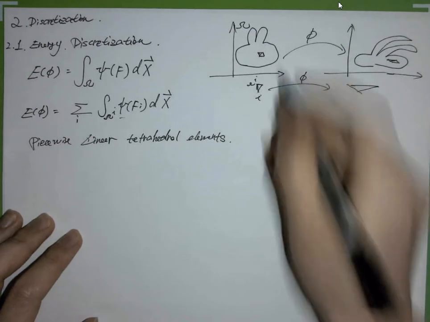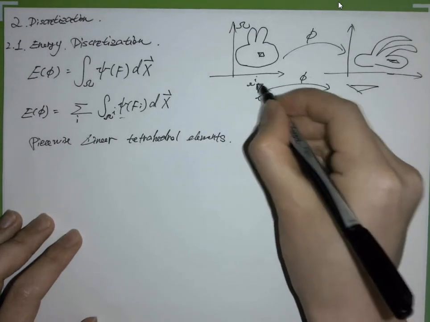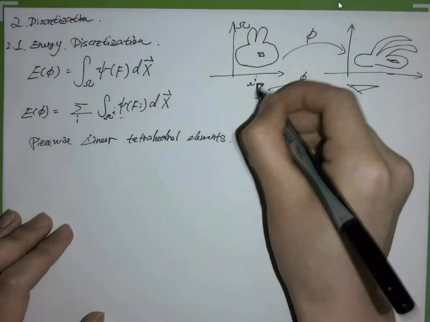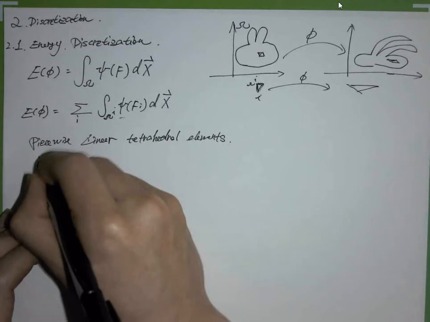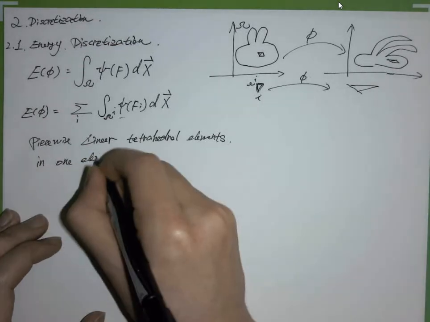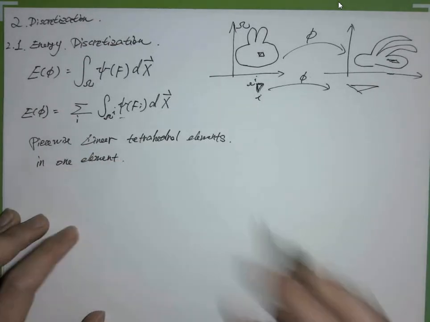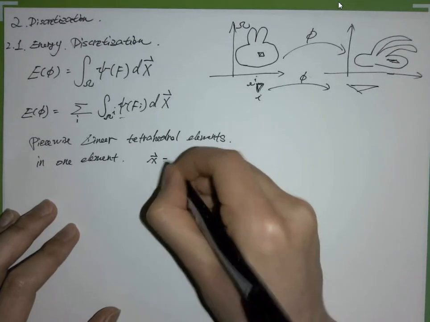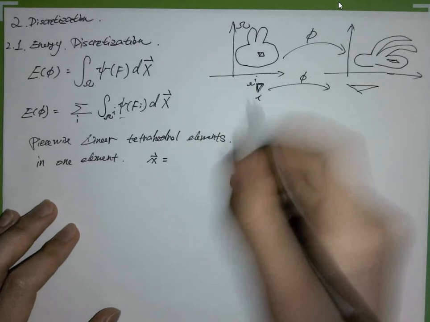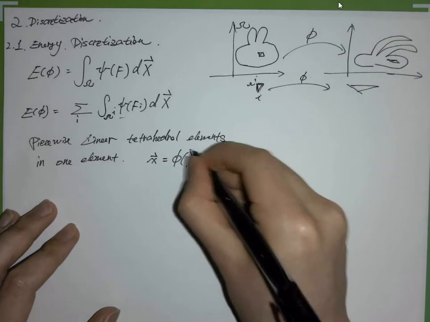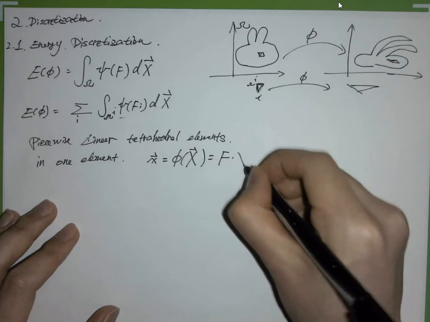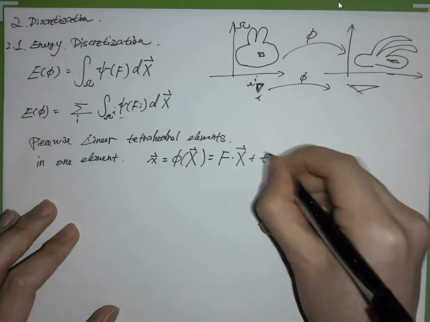It says that inside each element, I'm going to represent my deformed vertices x equals phi of X equals the deformation gradient multiplied by X plus some translation.